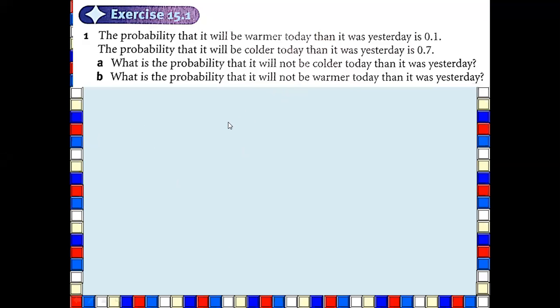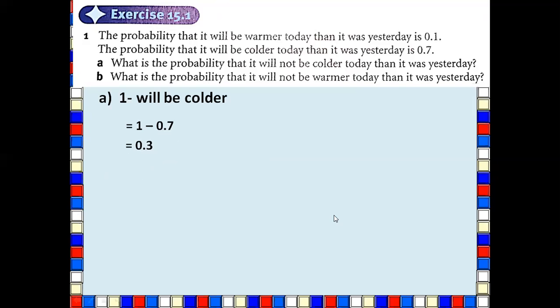Not colder is the opposite of getting colder. So having a colder day than yesterday is 0.7, so not colder is going to be the opposite: 1 minus that it will be colder, which is 0.3. Excellent. Part B.